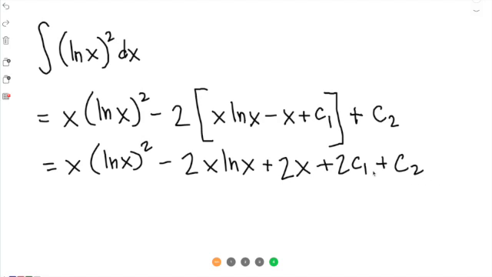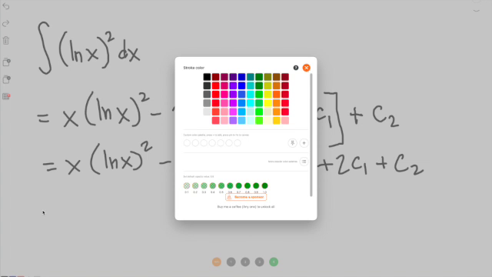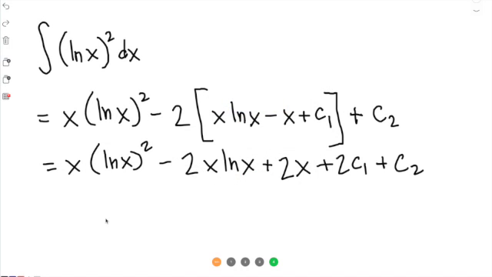So we can combine both of these into one arbitrary constant, which we will call c. But at this point, again, it's good practice to always simplify your answer, to factor out what needs to be factored out, so that you won't need to write everything. So the integral of ln x squared dx would just be equal to, so what can we factor out here?